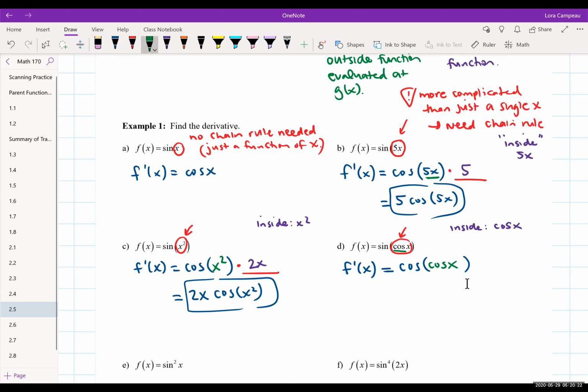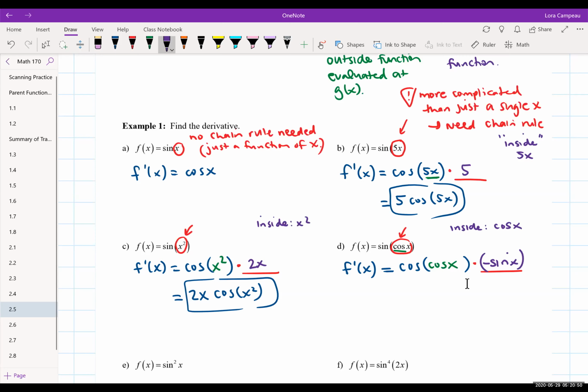Looks a little strange: we have the cosine of cosine x. Now for the chain part, we multiply by the derivative of the inside function. If you remember, the derivative of cosine is not just a sine, but a negative sine of x.